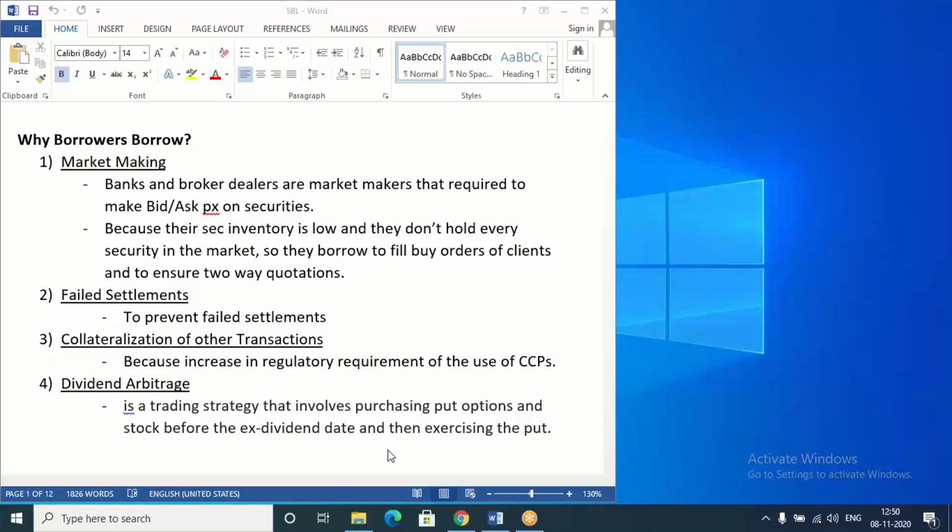So that means he'll be entitled to receive the dividend on the payment date. Okay, and then post the ex dividend date, he would exercise his put option, meaning he would sell the underlier at the strike price. Is this clear? Okay.